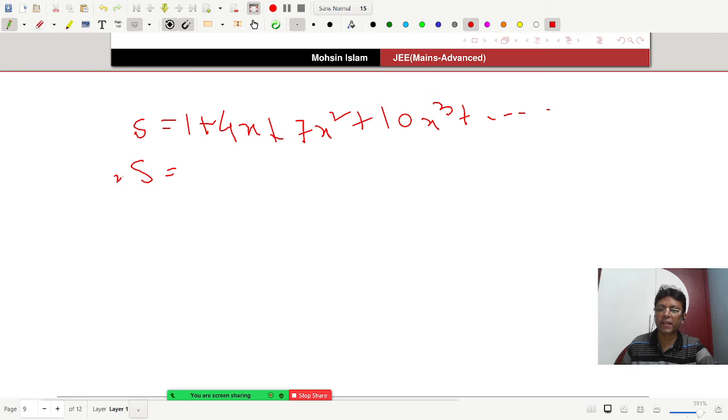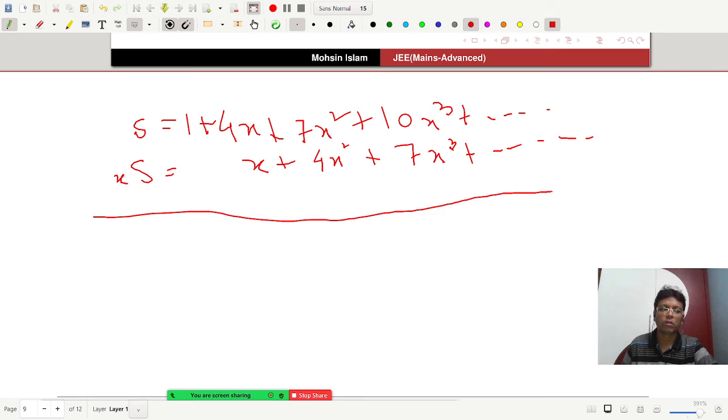I am multiplying this sum throughout by x, and writing like this, just keeping one space free. So x, next term will be 4x squared, to get the difference actually, 7x cubed and so on.